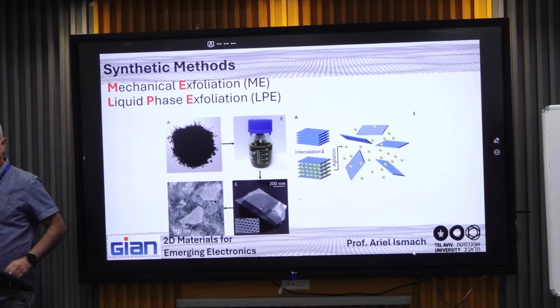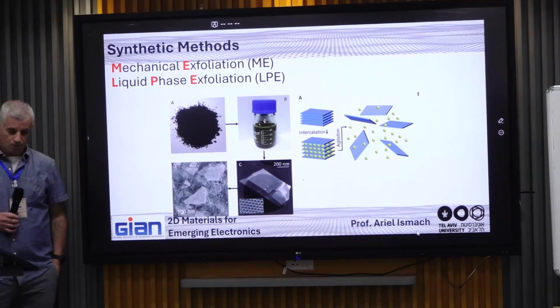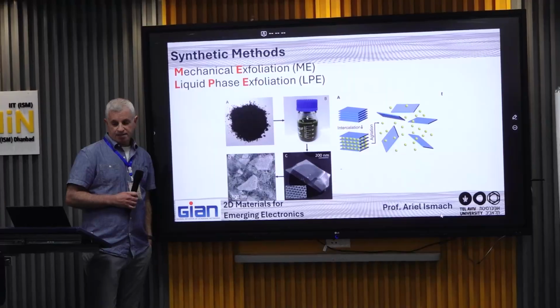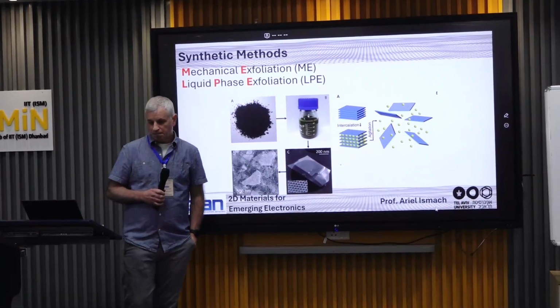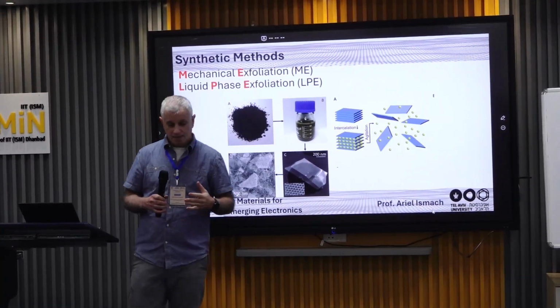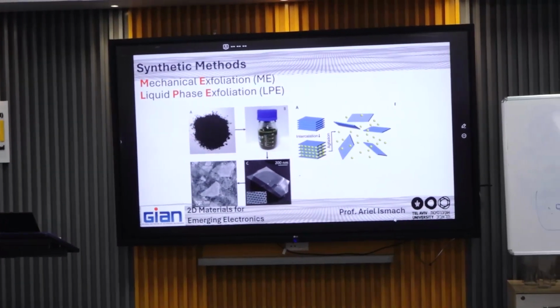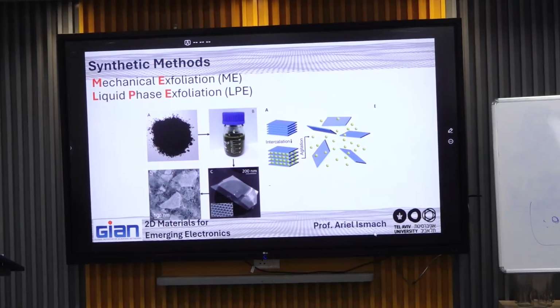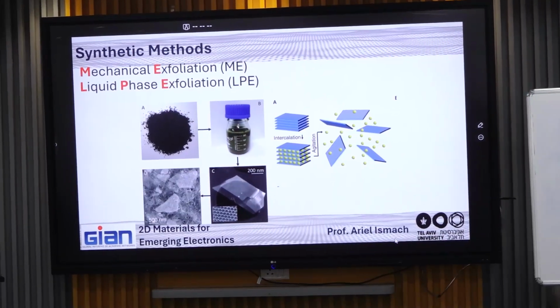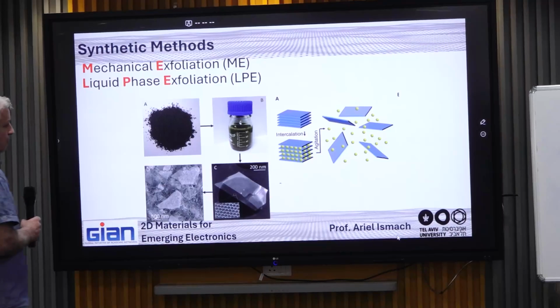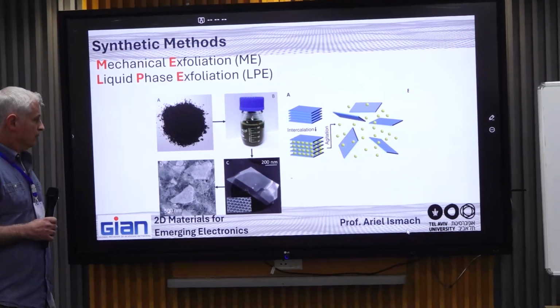So then the second stage is basically the opposite one, the liquid phase exfoliation. Why the opposite one? Because in this case you can get liters, a lot of material, but very small flakes, very defective usually, and less suitable for high-end electronics.